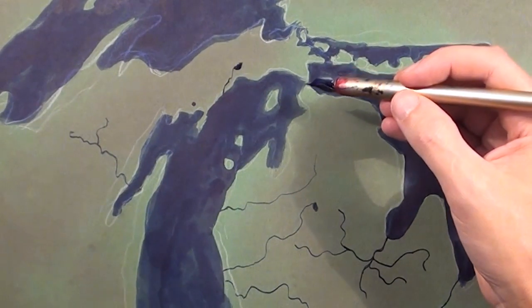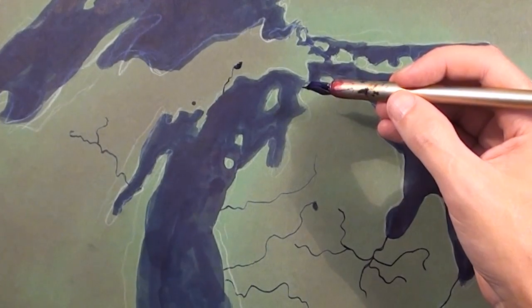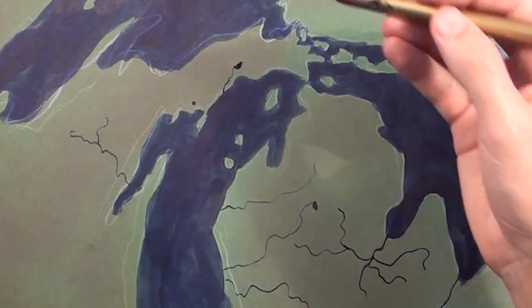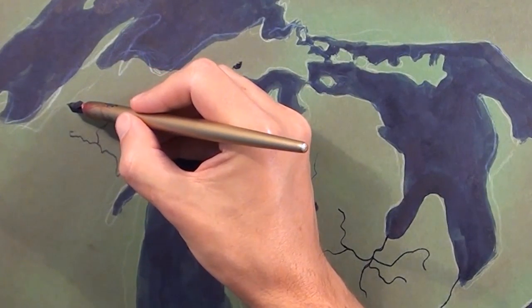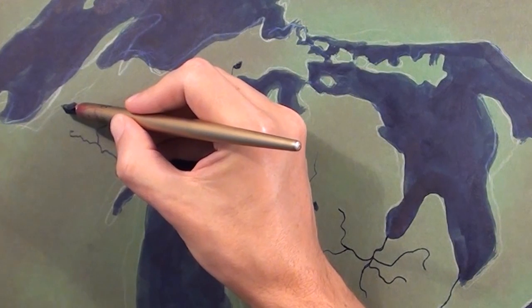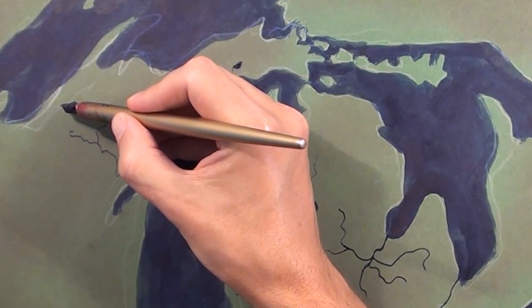See if I can point out some more lakes. Here in the Porcupine Mountains, the most mountainous area of Michigan, we have Lake Gogebic.